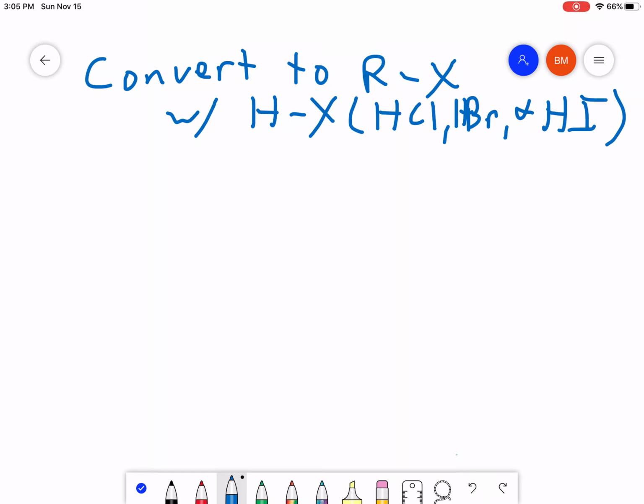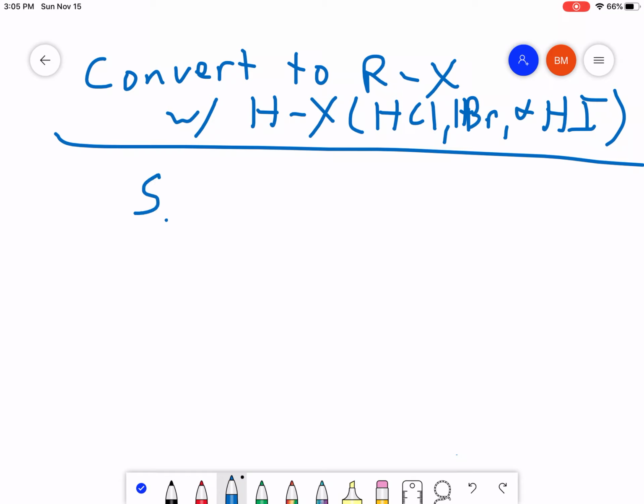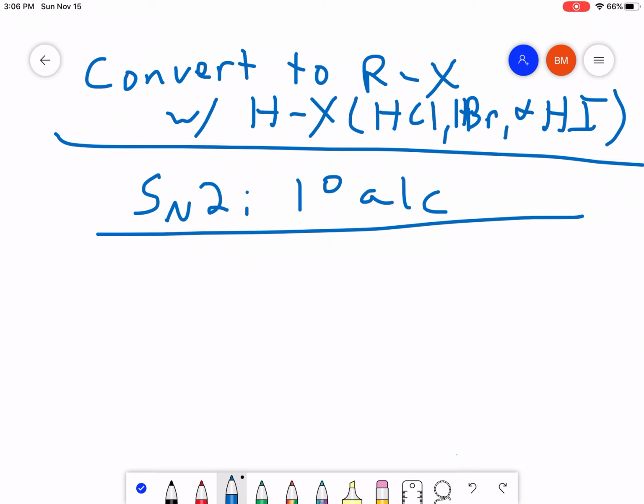And you're going to see some similarities to what we saw with the E1 and E2 reactions. Just like with E2, SN2 only happens with primary alcohols, right? So also, just like the eliminations, these tend to be simpler. All right, so let's say you have something like this.